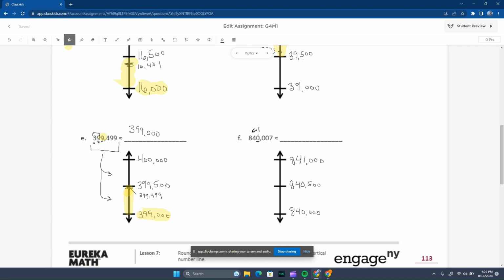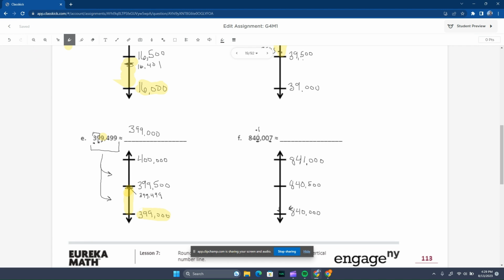Now, where would this number be on my number line? Is it closer to 840,000 or is it closer to 841,000? Well, I have a 0 here in the number being rounded, and I only have 7 ones. So that is just barely above 840,000.